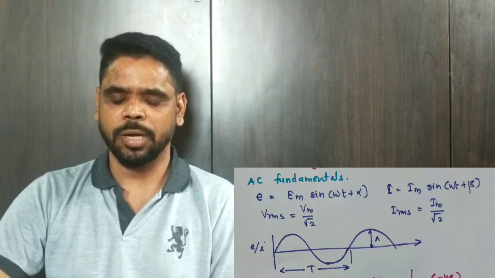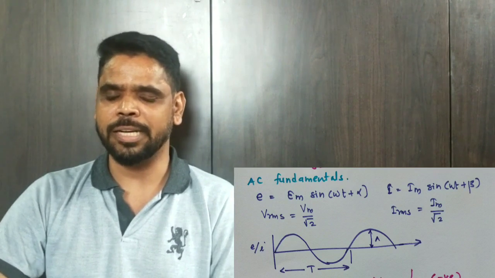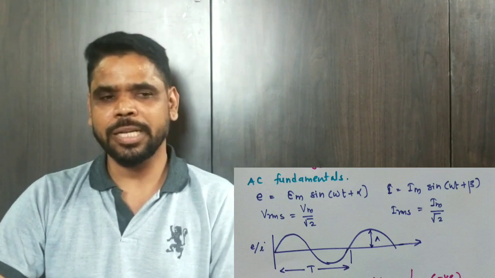Now, as this AC EMF goes on varying with respect to time, the equivalent DC value of the AC source is called the RMS value. So the RMS value of EMF is Vm by root 2 and the RMS value of current is Im by root 2. Generally, AC values are referred to as RMS values only.